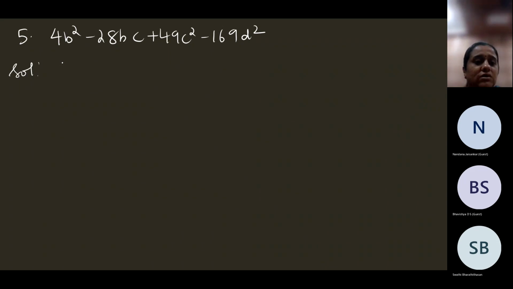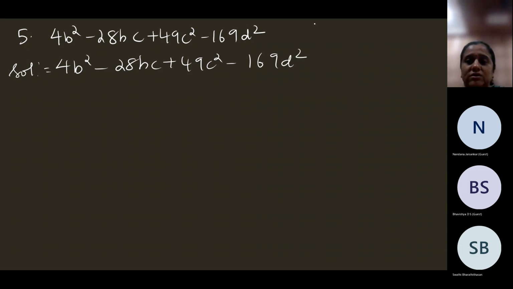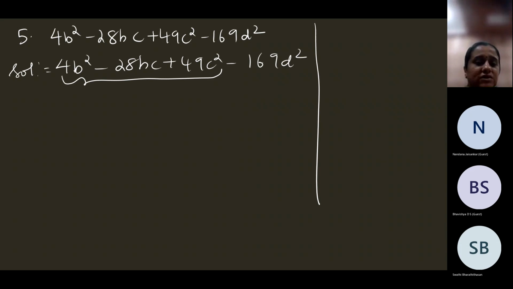So here, children, the given expression is 4b squared minus 28bc plus 49c squared minus 169d squared. Look at the first three terms. There is b squared, c squared, and bc.